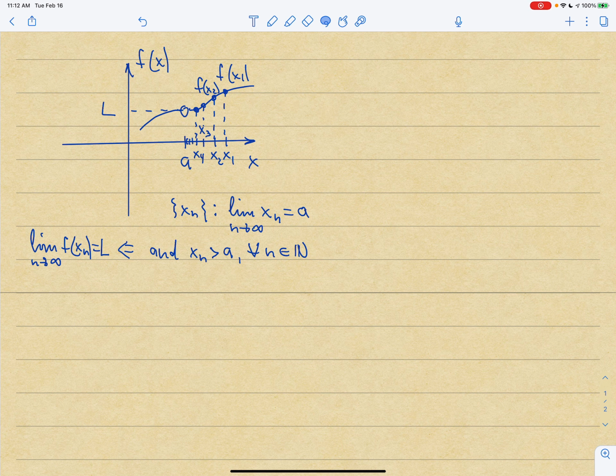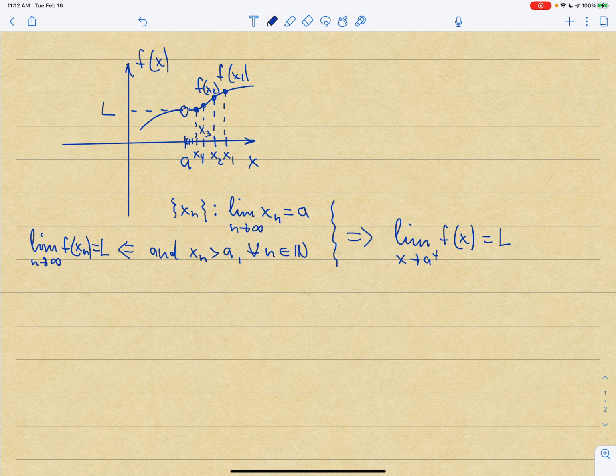So from here, I'm going to conclude that the limit as x goes to a from the right, this is L.